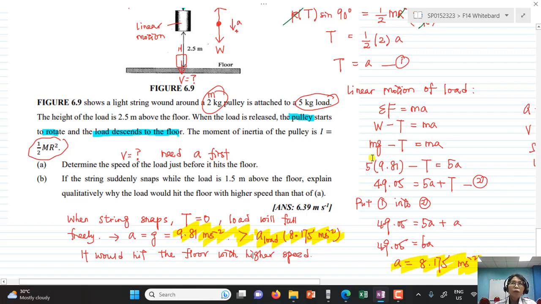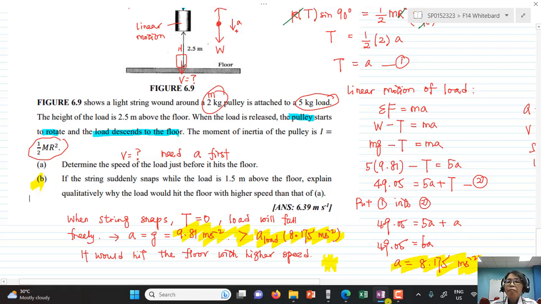So when it falls with a larger acceleration, it will have a final velocity when it hits the floor which is greater. So this will be our answer for question B.